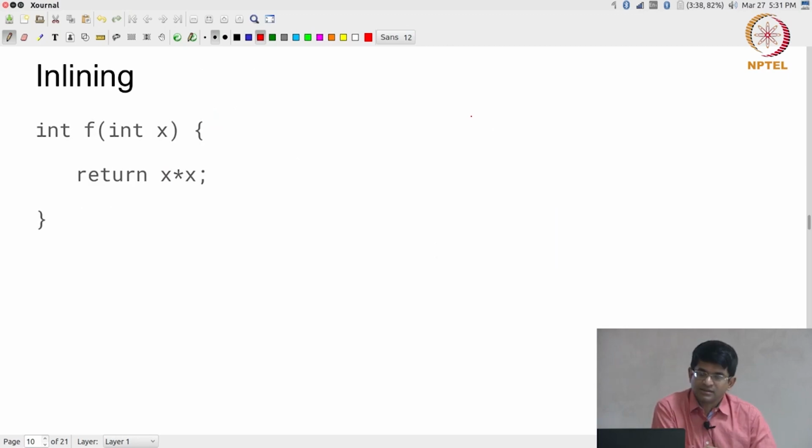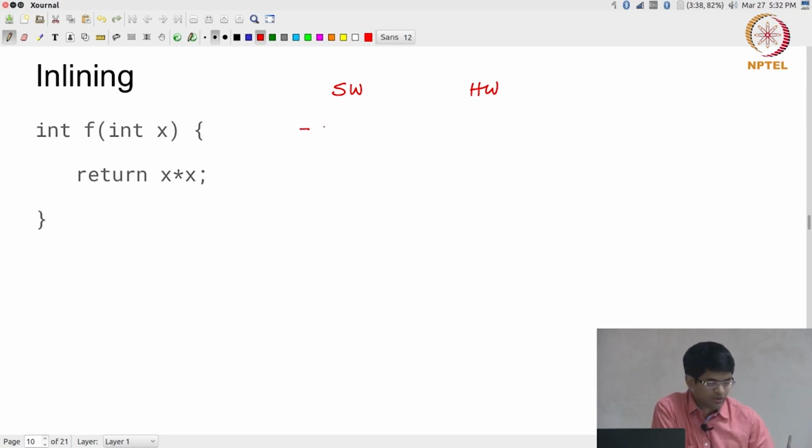Function inlining. In order to understand why this works, you have to look at it from 2 points of view, both from software as well as hardware. In the case of software, what happens when you call a function? It is basically going to be a branch instruction in the assembly language.